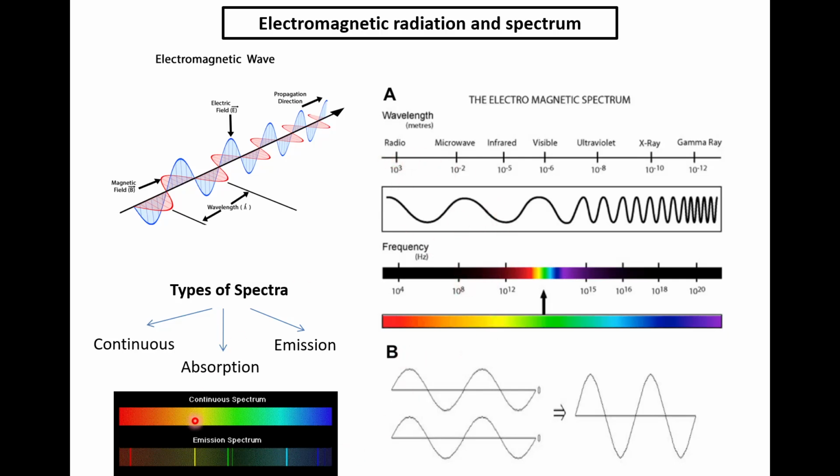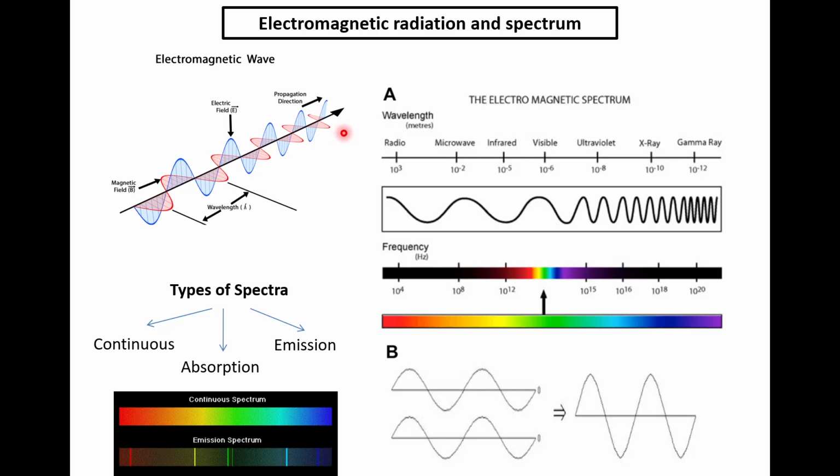But in the emission spectrum, you will find distinct bright bands in a dark background. Why is that so? After some time, when the electron has moved from its lower energy state to a higher energy state, it will again try to come down to its ground state, and while doing so, it will emit certain energy. Now we know that these energy levels are all quantized energy states.